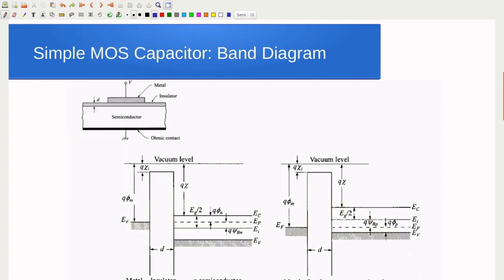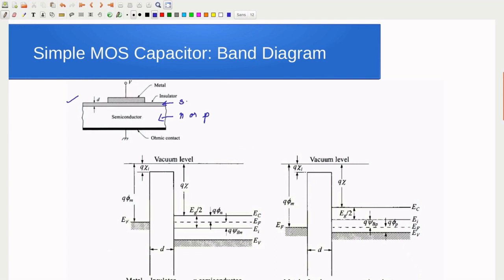As the figure shows, the top figure is the basic elements of an MOS capacitor. We have a semiconductor, which can be N-type or P-type, which is being topped by an insulator.